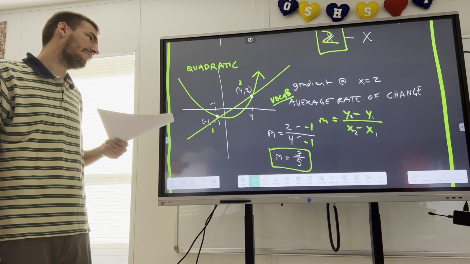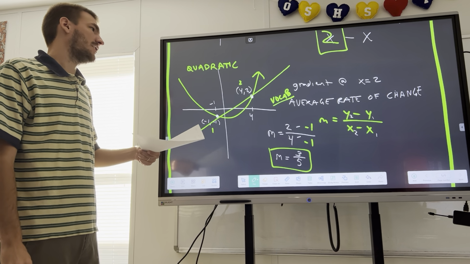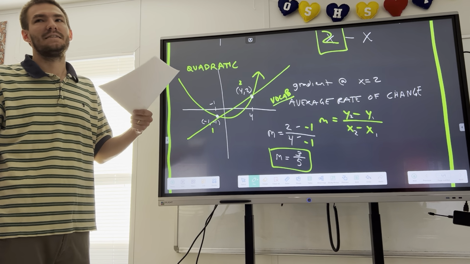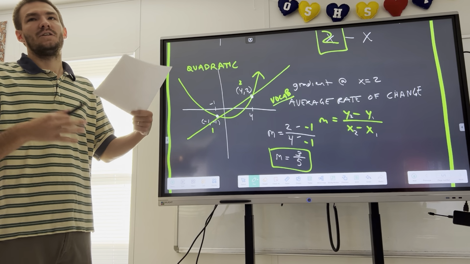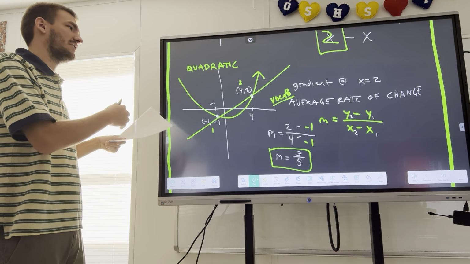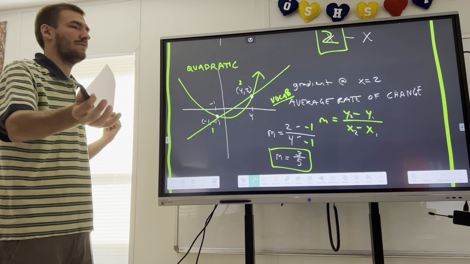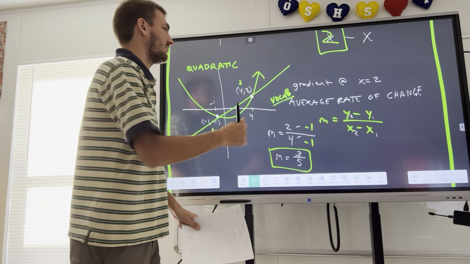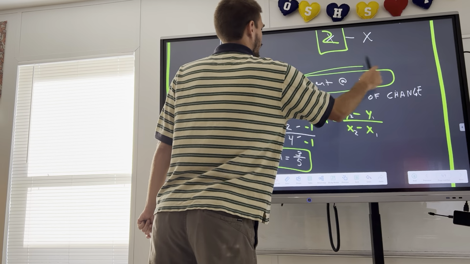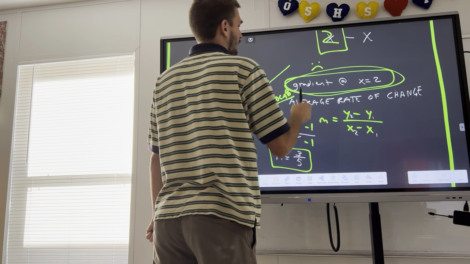Now that average rate of change is not the exact rate of change at any one place. That is just the average rate of change from there. So if we're looking to find the gradient at x equals 2, it has not worked yet.